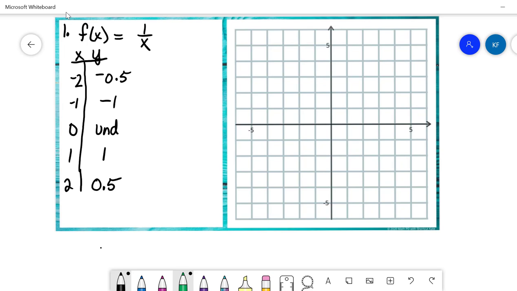Then you come over here and you start graphing. Now here's the thing: I am not going to graph the parent function all the way. I'm just going to leave these dots here. I am going to put in the asymptotes, because that's part of the parent function. The asymptotes have little arrows on them also because they represent invisible lines.